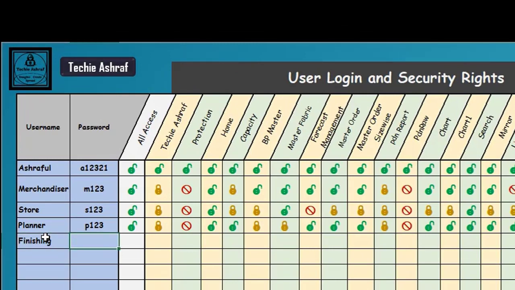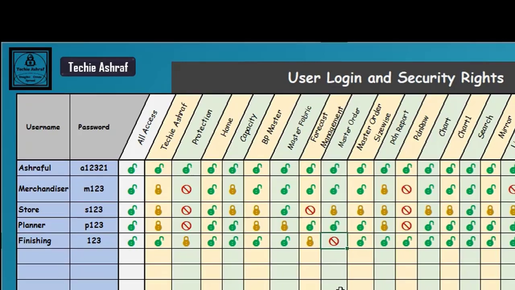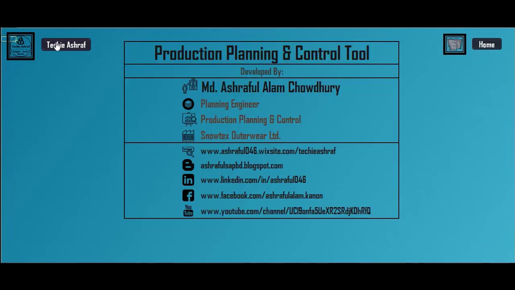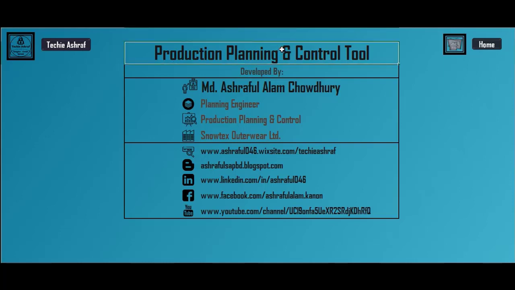You can set a password for them too. You can give access like lock, or not shown to them. You can set this type of user right easily to control user access and the protection of your data. So that's overall my production planning and control tool.